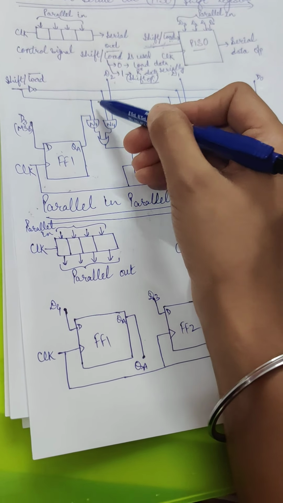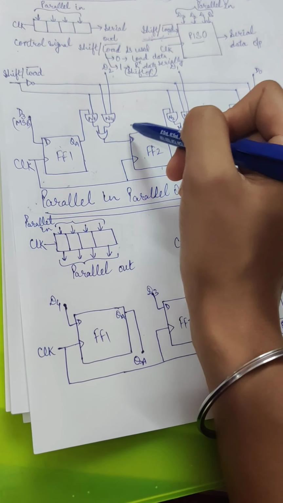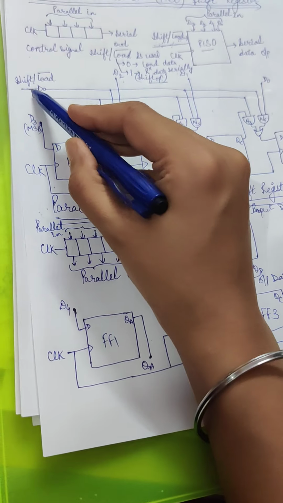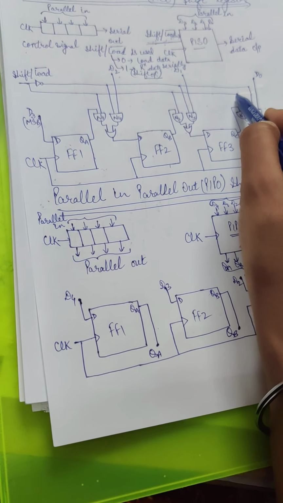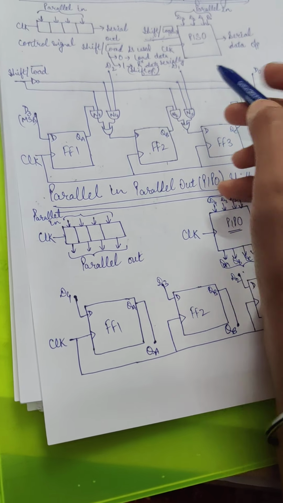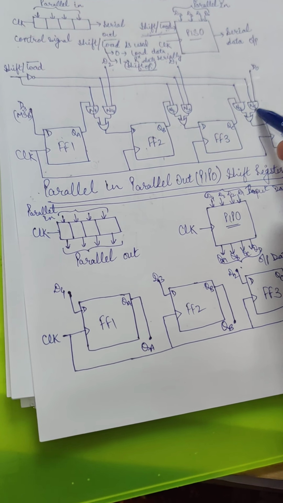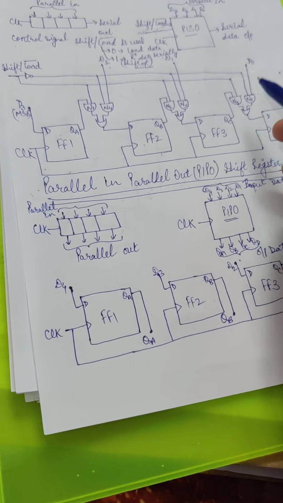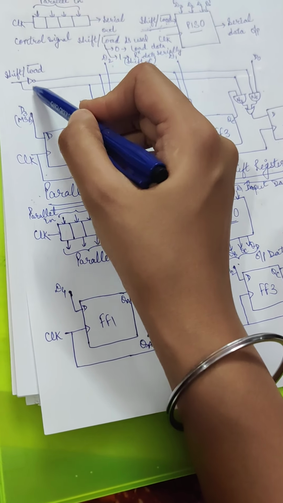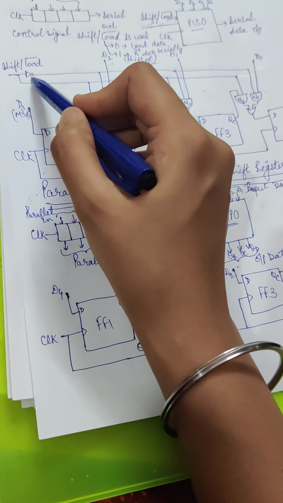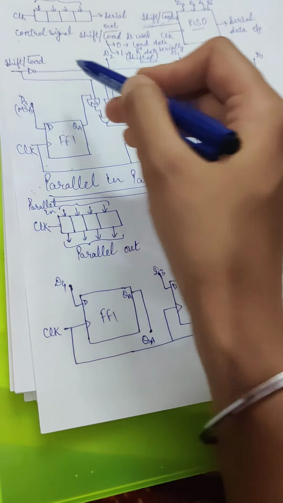And the second input of these gates is connected to this shift/load. Similarly, for N4, N5 and N6 gates, one input is connected to this shift/load control signal with its complement by using a NOT gate.